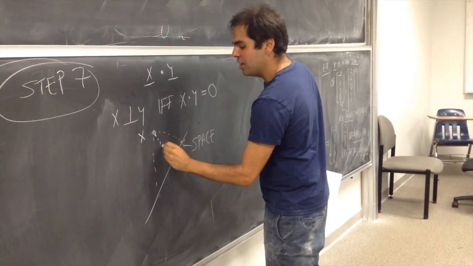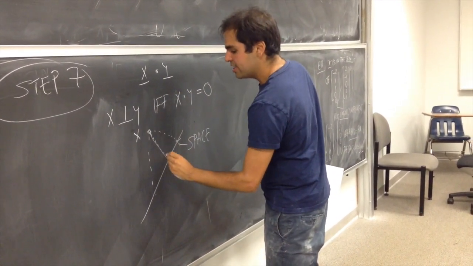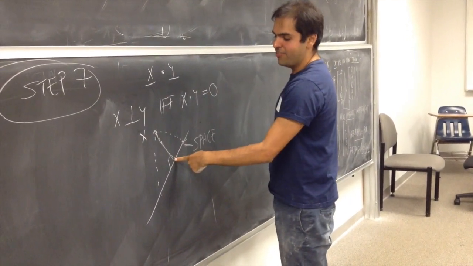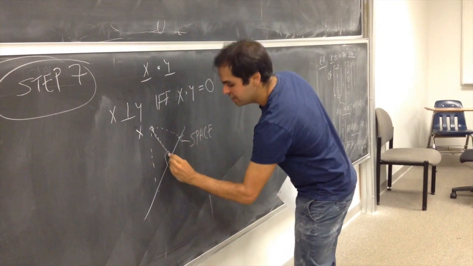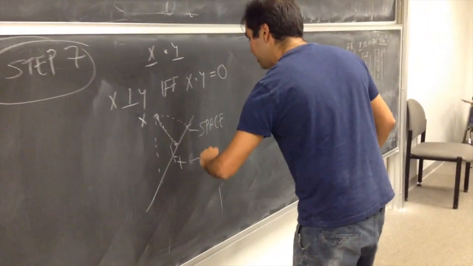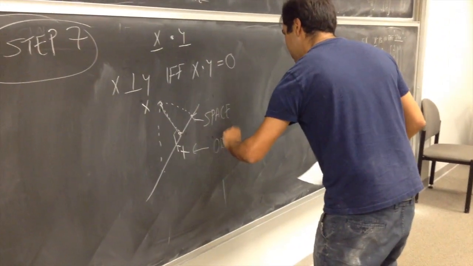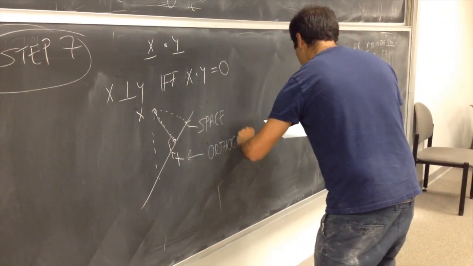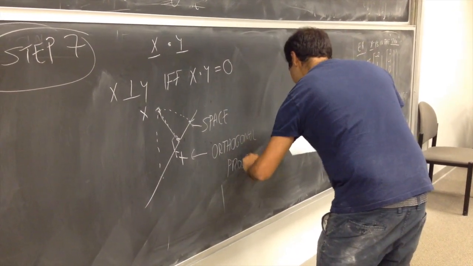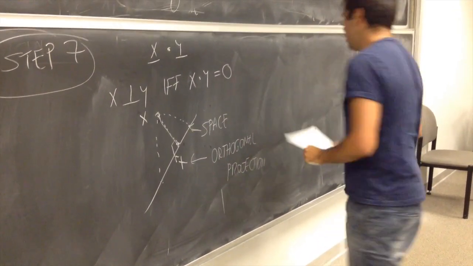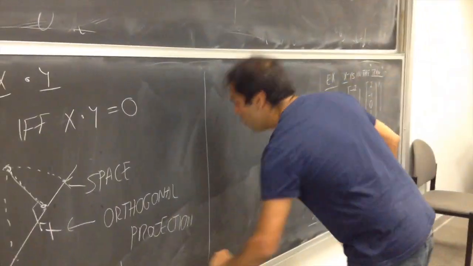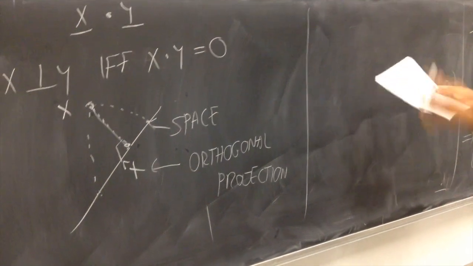There's exactly one way of doing this that's very efficient, in the sense that x minus this vector is perpendicular to that space. That vector is called x hat, and that's called the orthogonal projection.